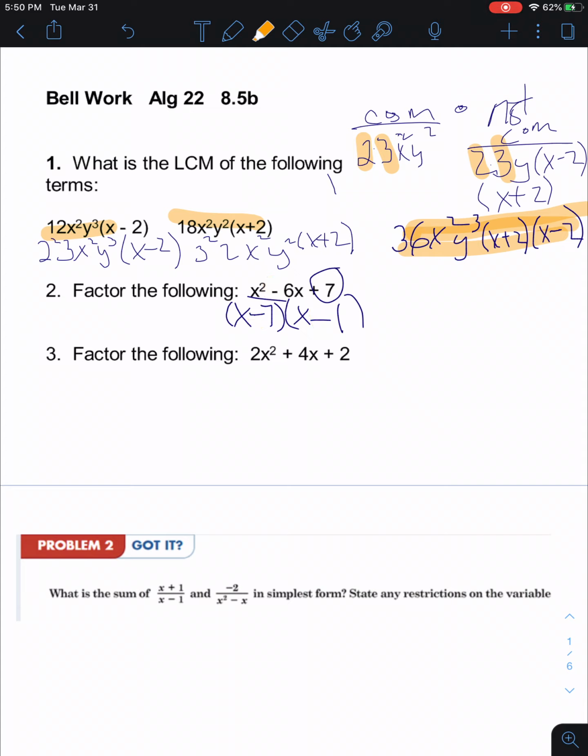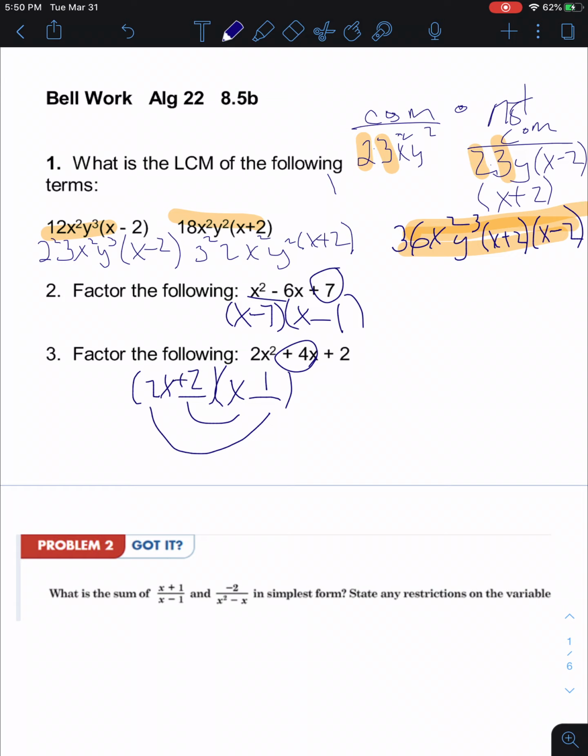Factor the following. Now on this one, I'm going to take a 2x and an x, since 2 is prime, we can do that. And then factors of 2, that when I multiply the outsides and the insides, those two products will give me a total of 4x. So if I took the 2, I would have to go with a 1 over here and a 2 there.